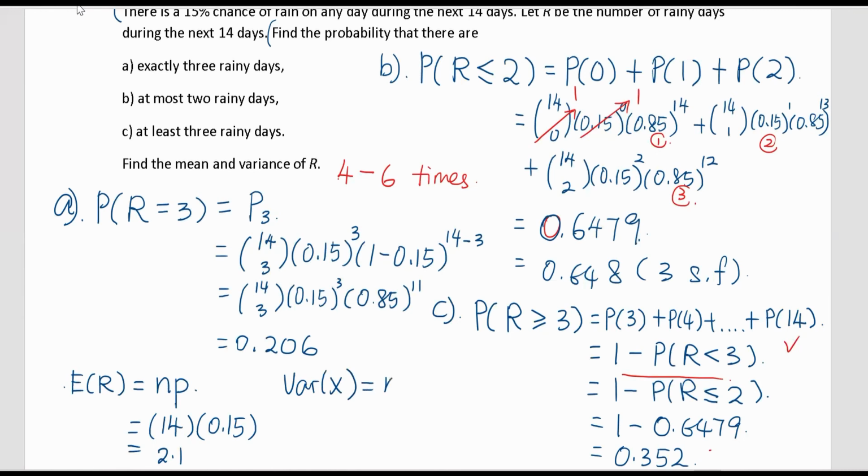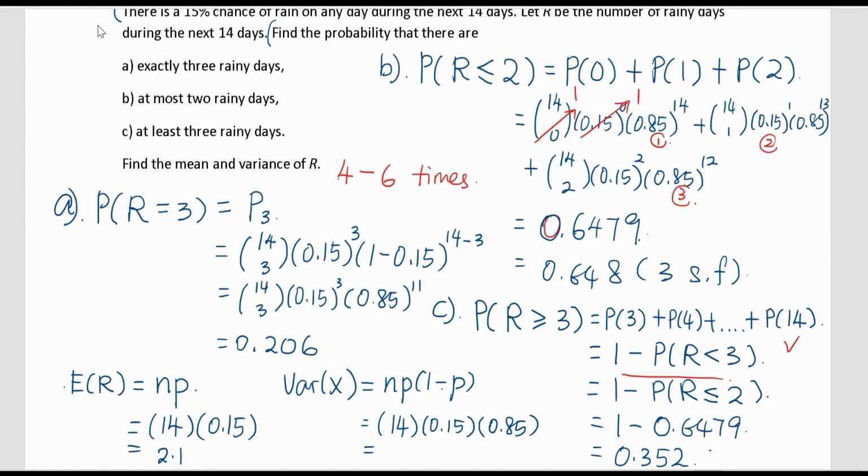For the variance, we also have a simple formula, npq. So maybe we should write it down as np times 1 minus p. P is 0.15 and 1 minus p is 0.85.